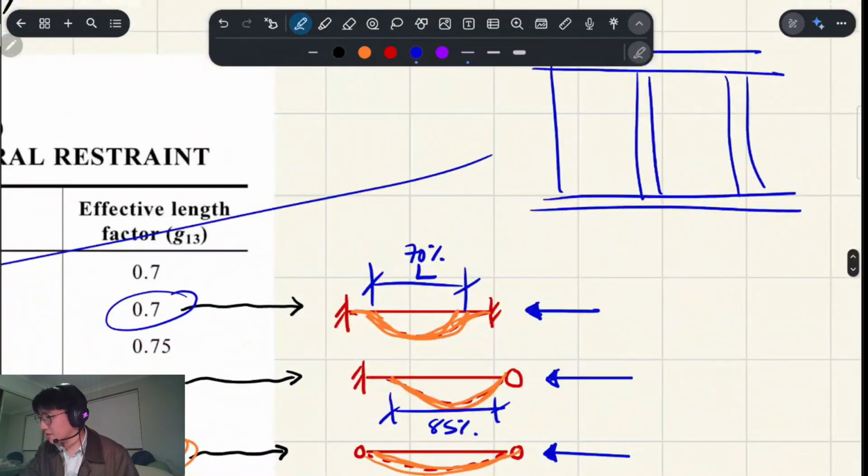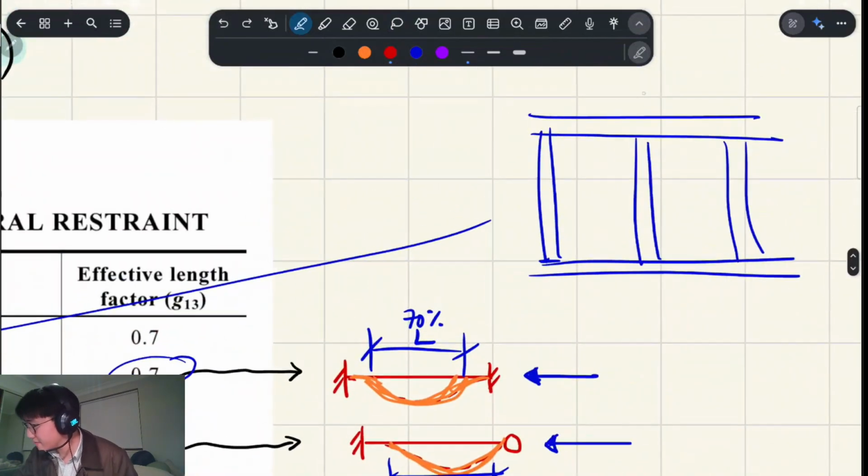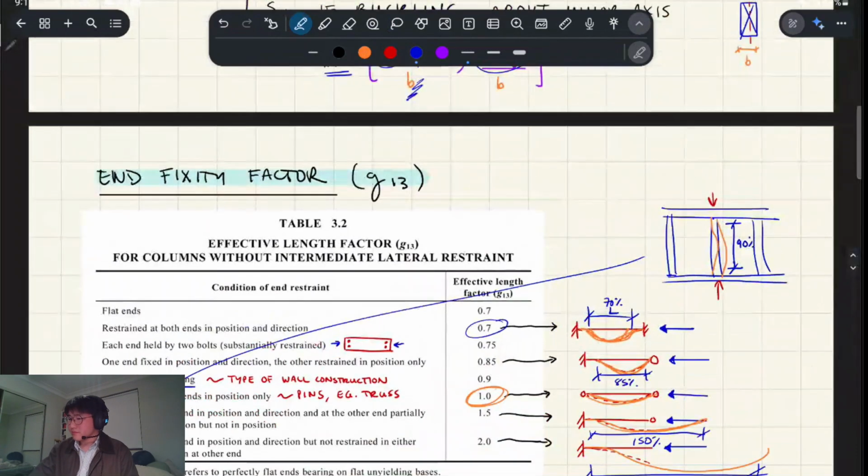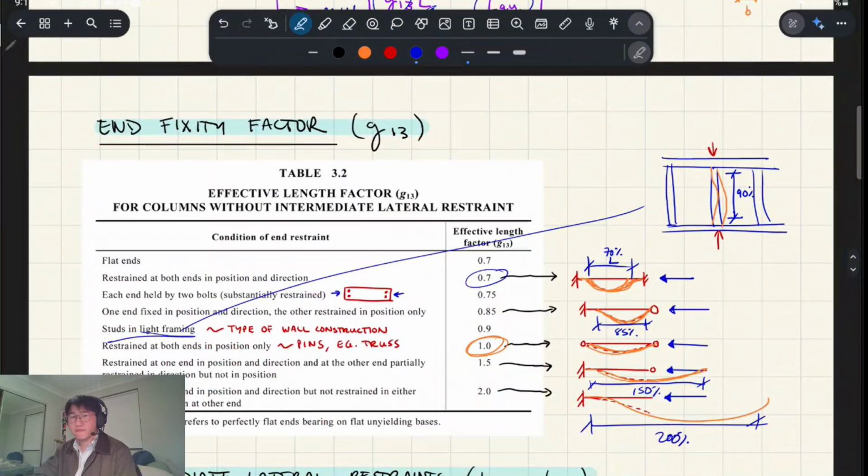Basically the connection of this member in compression is partially fixed, partially pinned, so it might have a C shape that looks like this when compressed. I'm not really doing a good job of drawing this, but we say it has some restraint, but not a whole lot. So that would be 90%. That's what studs and light framing is.